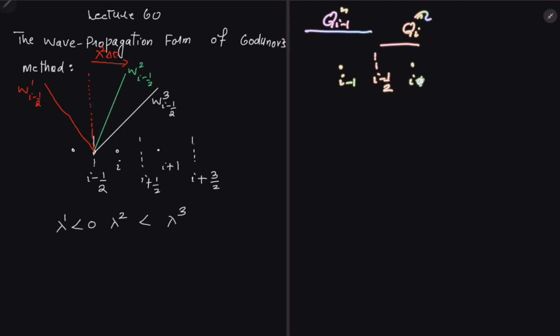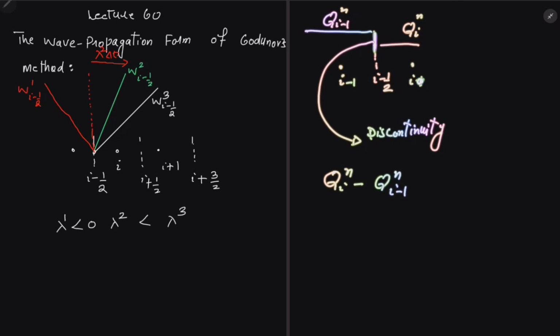There is a discontinuity at this place if we have a Riemann problem. To identify this discontinuity, we take a difference, for example, of Q^n_i minus Q^n_{i-1}. When we take this difference, then we get the wave.